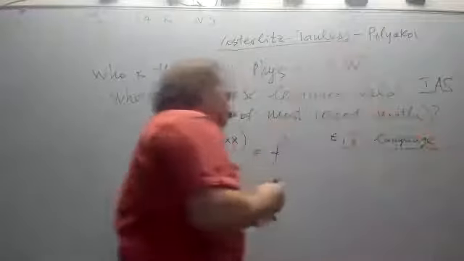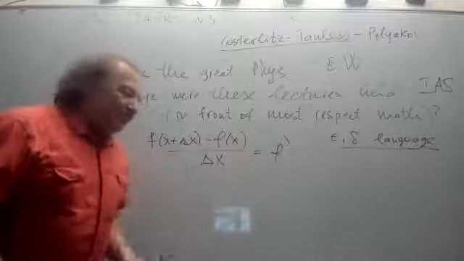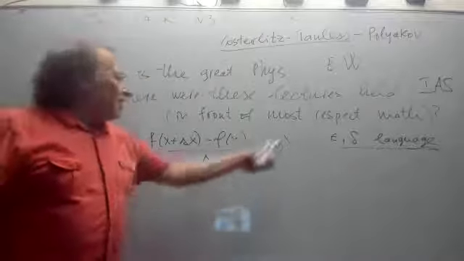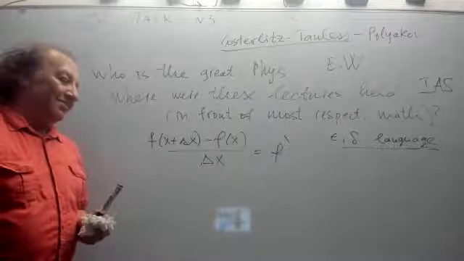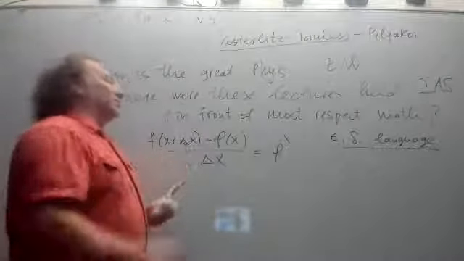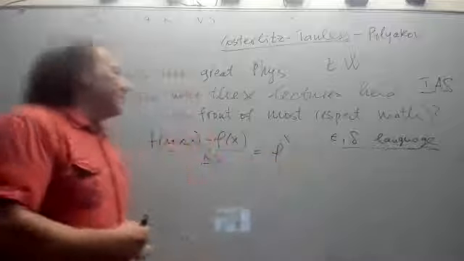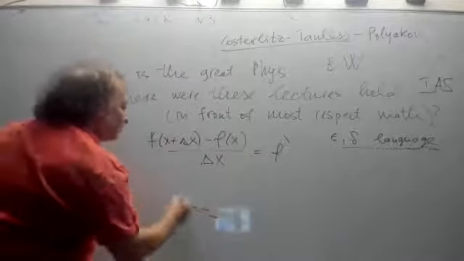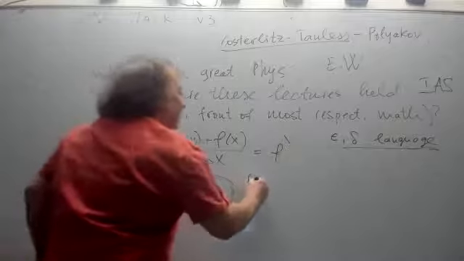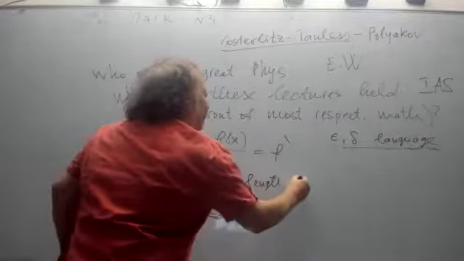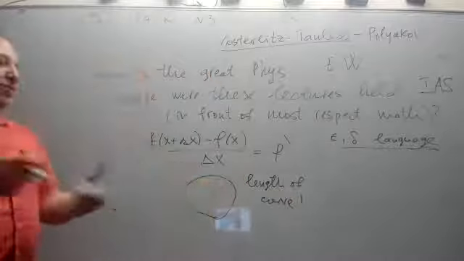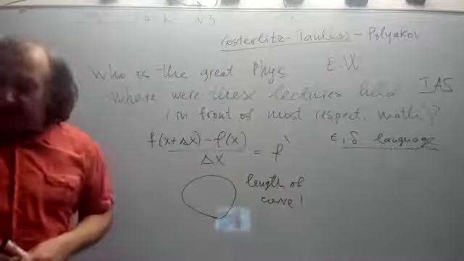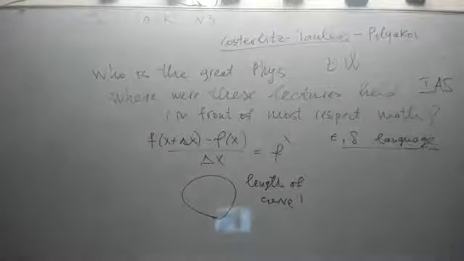Everybody is suffering in universities because they want to define what the derivative is. While for Newton it was obvious. It's epsilon-delta language. Also the length of a curve. It is something that is obvious for everybody who has any kind of curve.